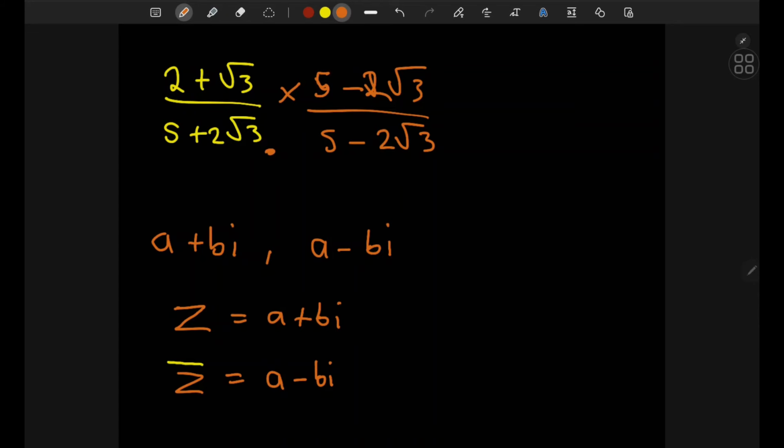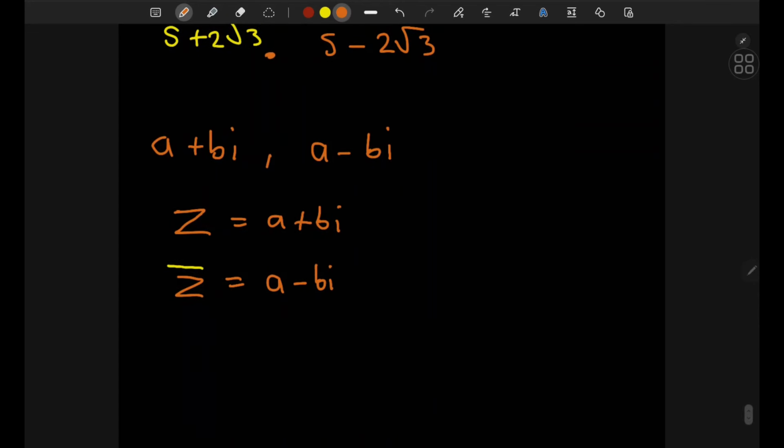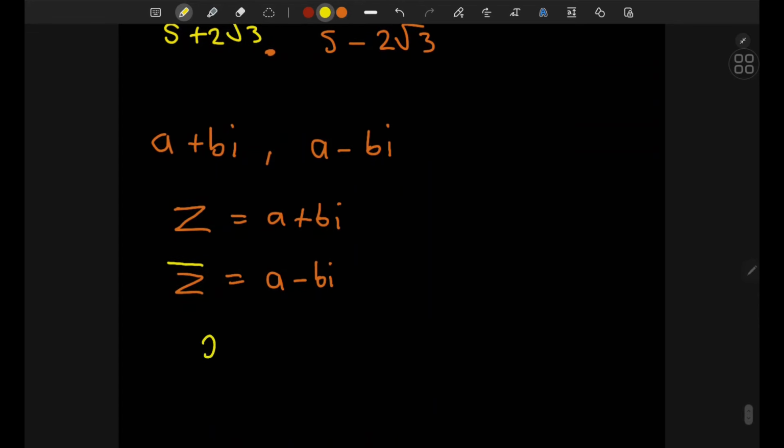So remember that. So if an expression is given, say 2 plus 4i, and then if a bar was to be placed on top like that, so it means the conjugate of this expression, they're saying get the conjugate of this expression, the conjugate will be 2 minus 4i.